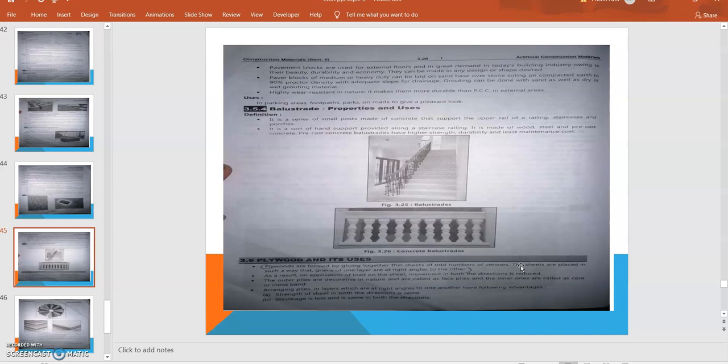The outer plies are decorative, provide very good elegance and are called face plies. Arranging the plies in layers which are at a right angle to one another has the following advantages. First, strength of the sheet in both directions is the same and shrinkage is less as compared to the other ones.